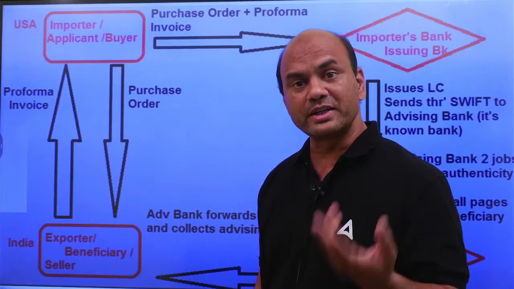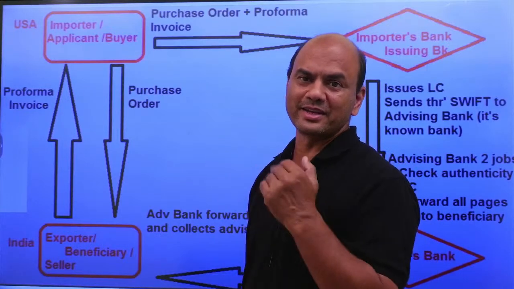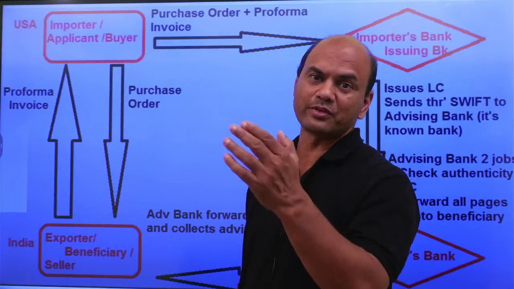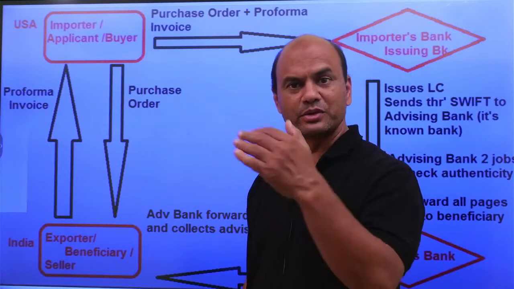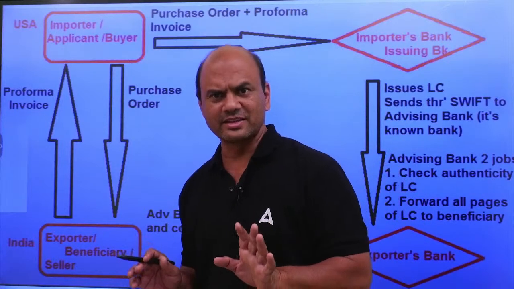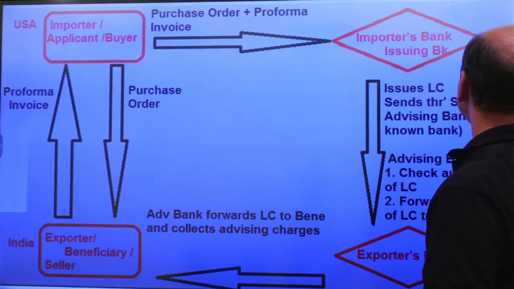Then you have documents. Documents start from the seller and go to the issuing bank. And then you have money. Money starts from the issuing bank and goes to the seller. Getting this logic? Okay. So LC flow we will be discussing today.